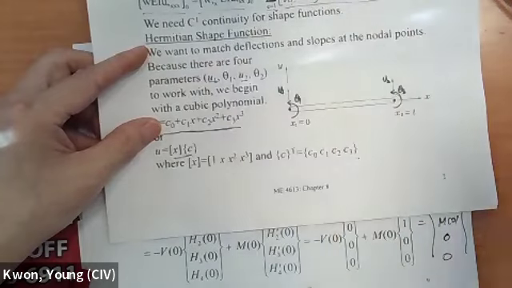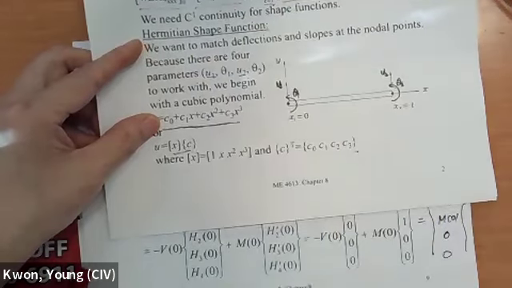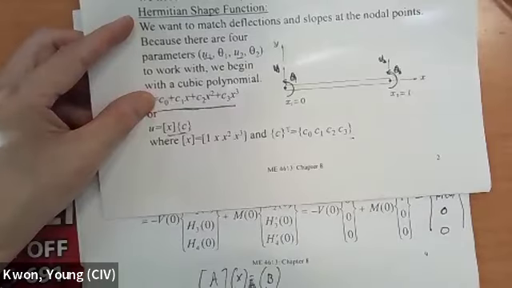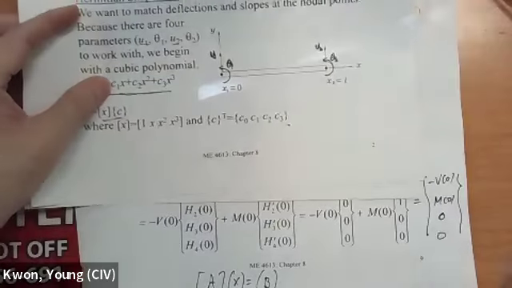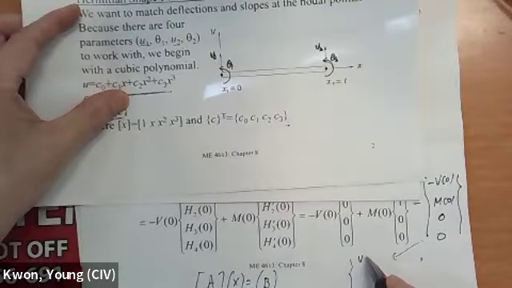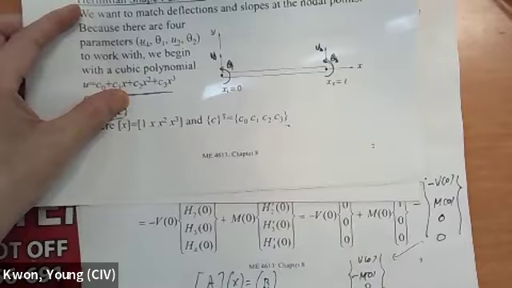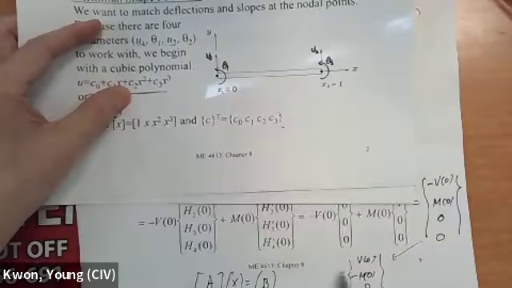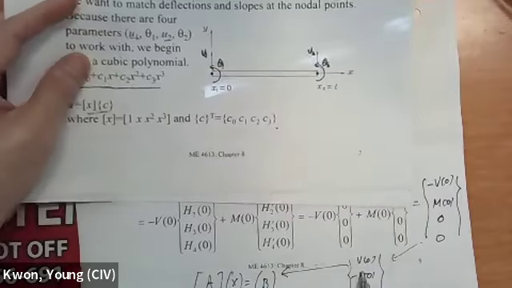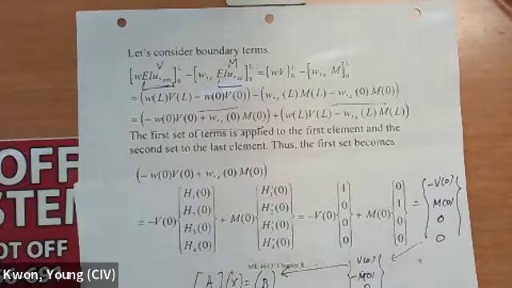So when you move this one to the other side, the sign changes, such that it is V0 and M0. I'm going to explain what this means in a minute.